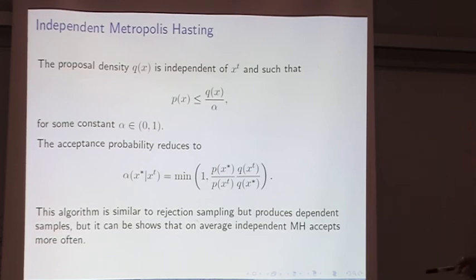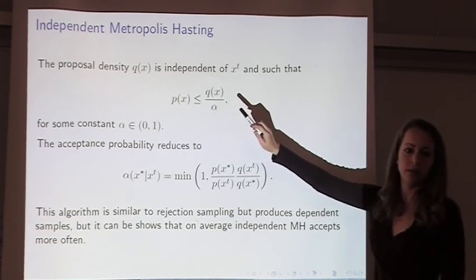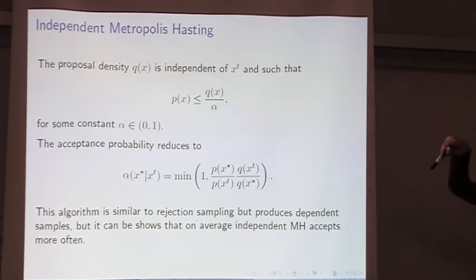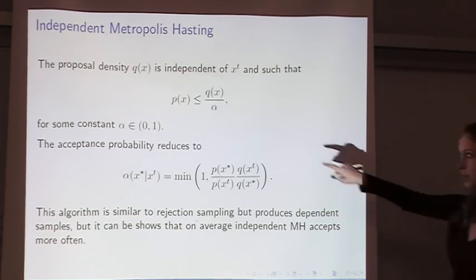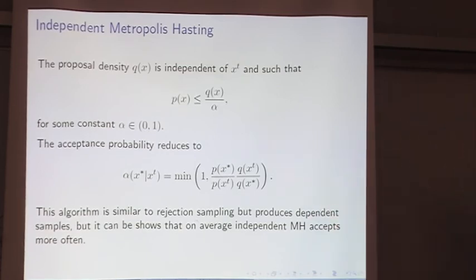You can show that the expected acceptance probability is greater than or equal to alpha. In the rejection sampling case, the expected acceptance probability was equal to alpha. So in general, we may accept more often.